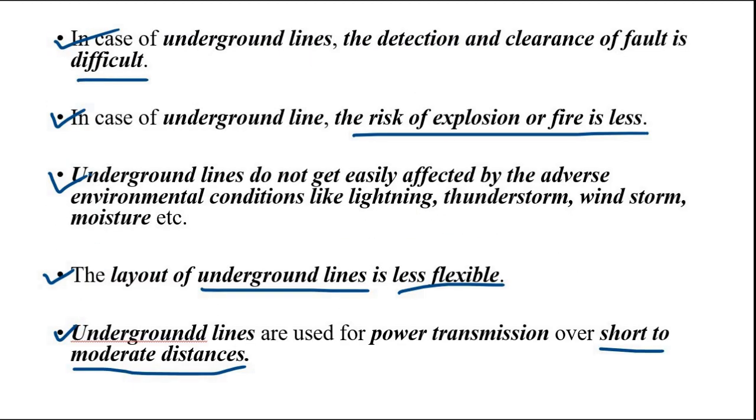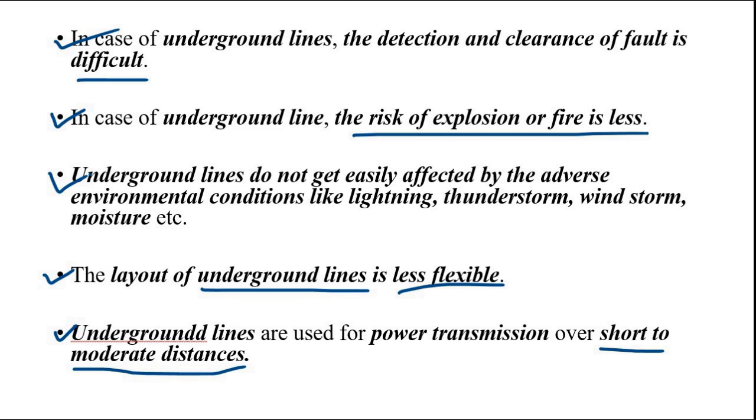We cannot say that one system is superior to the other, because each has its own merits and demerits which are equally balanced. One has to analyze different factors: the technical requirements, the operational considerations, the economic considerations, and the location where the power transmission and distribution system has to be installed.